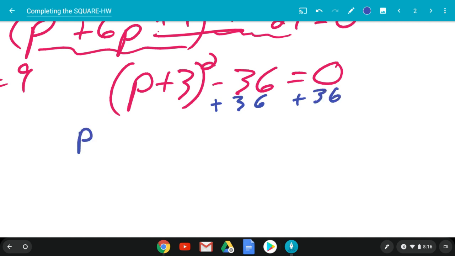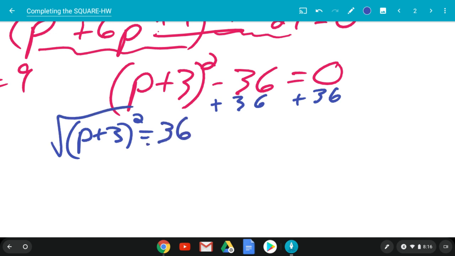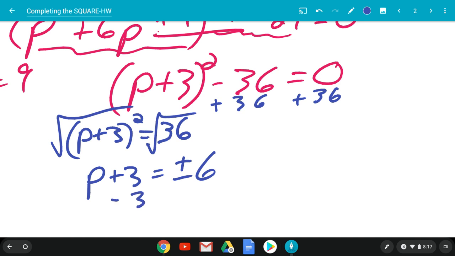And I have p plus 3 quantity squared equals now 36. Take the square root of both sides. And I end up with p plus 3 equals plus or minus 6. Minus 3, minus 3. So p equals positive 6 minus 3 is 3. Negative 6 minus 3 is a negative 9.